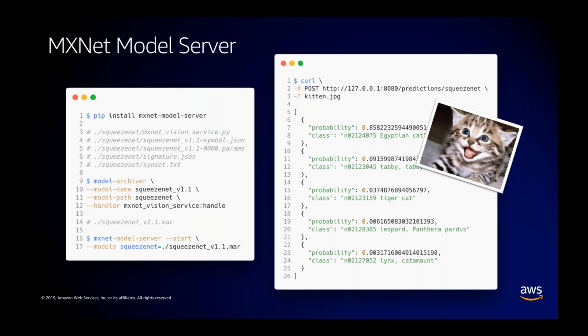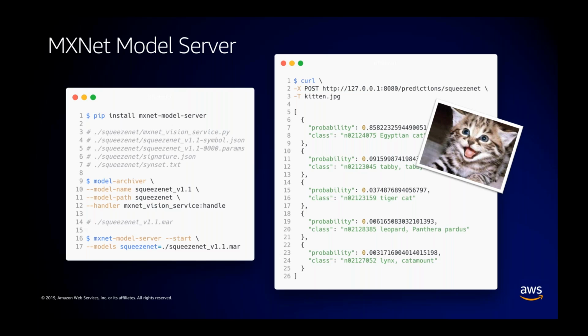And then something called the signature.json file, and that just specifies the data format itself from the endpoint. We can combine all this into an archive using the model archiver command, specifying the paths, the models, and the handler, which is the Python file that's going to be run first.